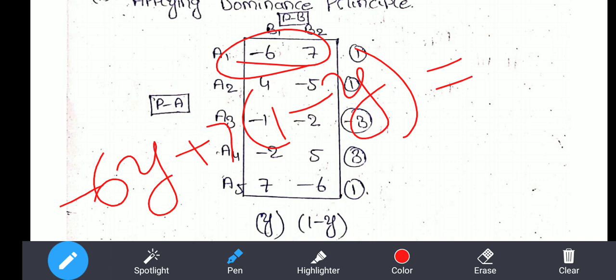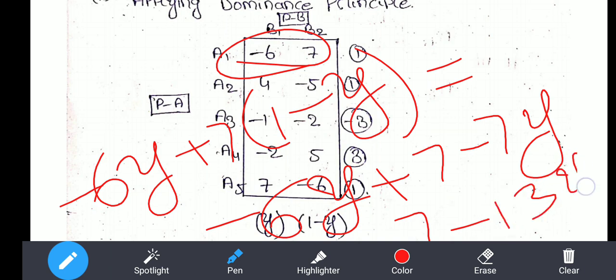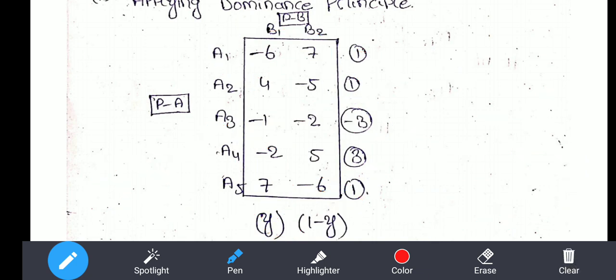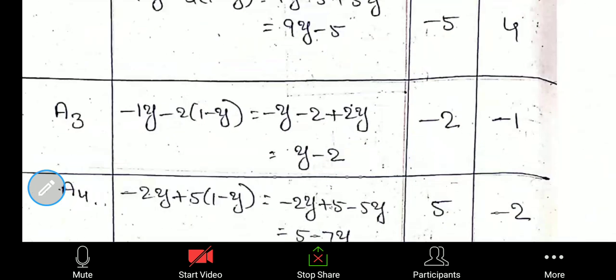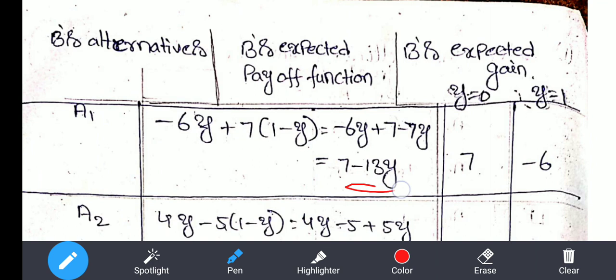You can simplify this: minus 6y plus 7 minus 7y, that is minus 6 minus 7, minus 13y. So that simplified form will be obtained in the next page. Here 7 minus 13y will be shown to you. Like that, each and every row will be calculated.